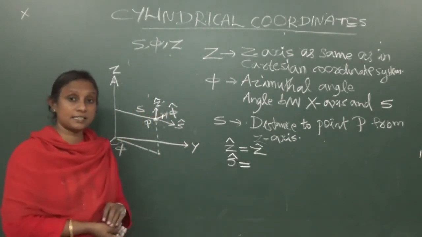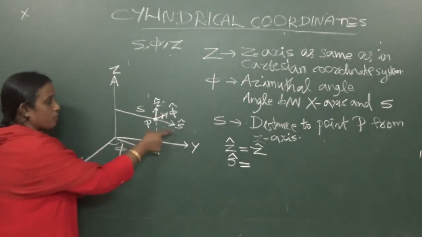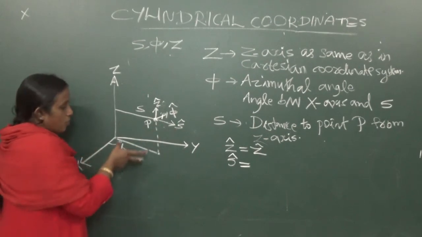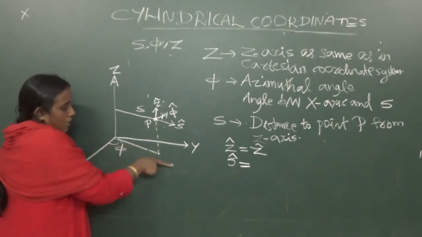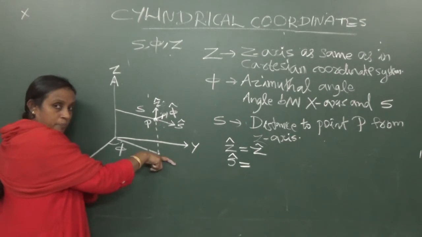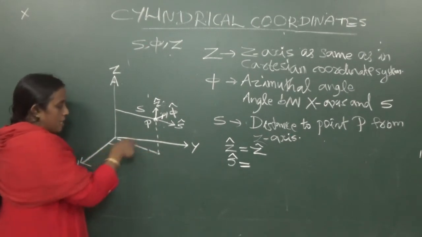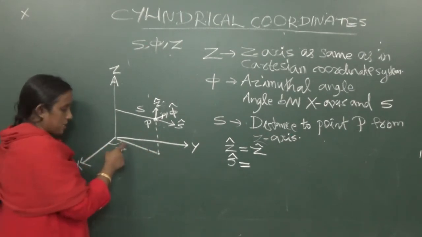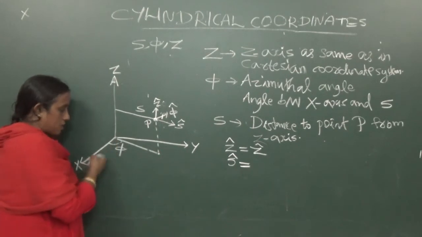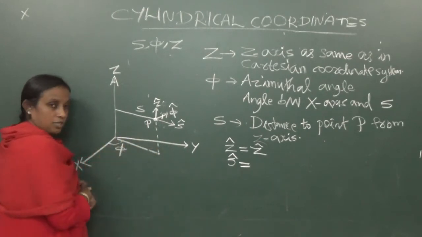How can we write S cap? We know that this S is along this direction. Taking its components along these two directions, you can see that cos phi is along this and sin phi is along this.